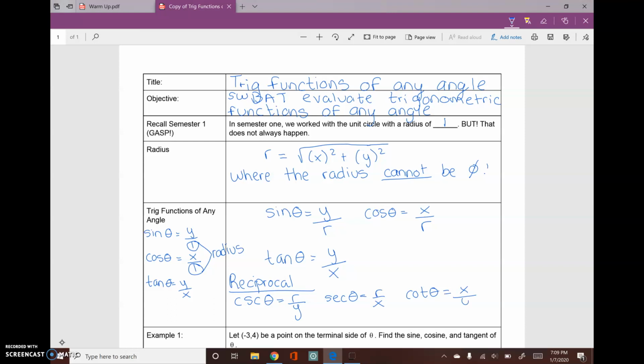No, it will not, because it doesn't use the radius. So the ones that stay the same are tangent and cotangent, because they do not use the radius.